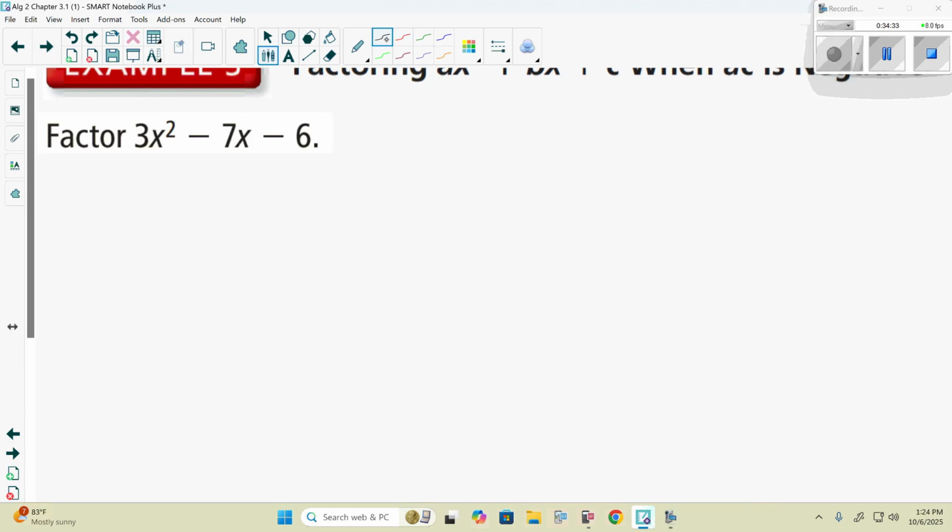3x squared minus 7x minus 6. No greatest common factor, so we do have 2 sets of parentheses with 3 spaces. Since the third term is negative, our signs are opposite.